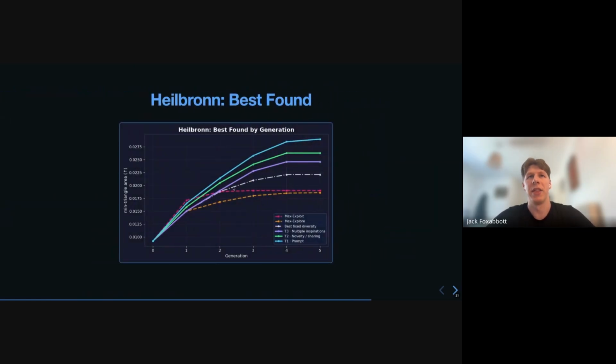Now this white line is a method that I haven't mentioned yet. And the way this method works is, we loop through a bunch of different values of P. So we fix P in advance, where P is the diversity pressure. And we say, for example, I want P to always be 0.5 all the way through the generations. So the diversity pressure should always be 0.5, meaning that the prompts encourage moderate exploration.